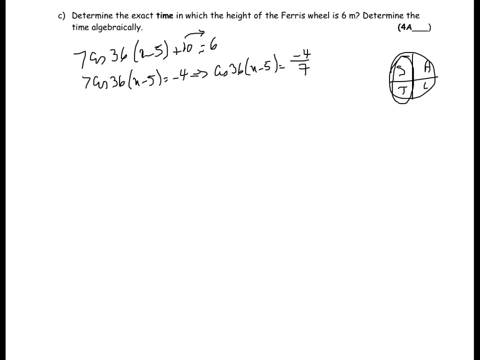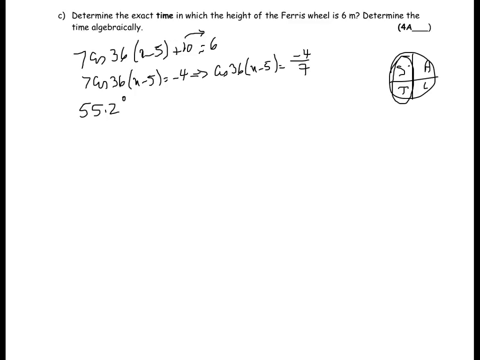As I said before, when you're trying to find that angle, forget about the negative sign, find the reference angle. If you use your calculator and find the inverse, you will see that the reference angle becomes 55.2 degrees. This means that there are two solutions, either in the second or in the third.